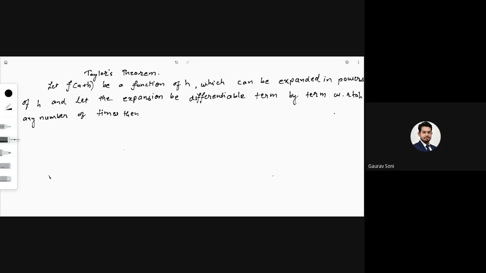Then f of a plus h can be written as f of a plus h into f dash of a plus h square by 2 factorial f double dash of a plus h raised to n upon n factorial nth derivative of f at a and so on.